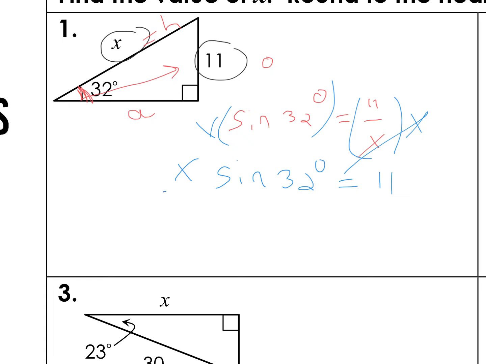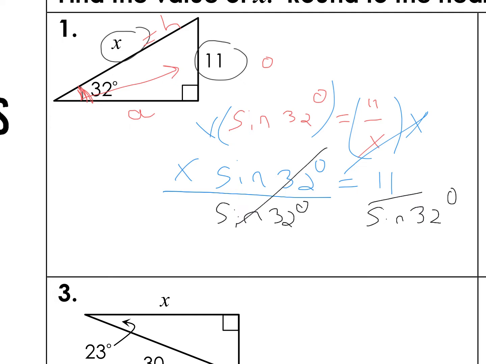One more step, divide both sides by the sine of 32 degrees. Sine of 32 cancels there. There's my exact answer: 11 divided by sine of 32 degrees.